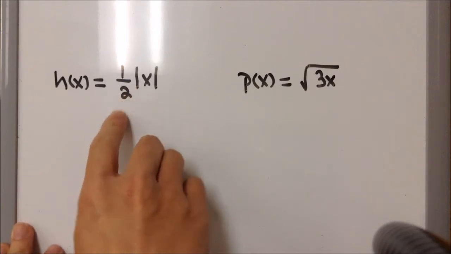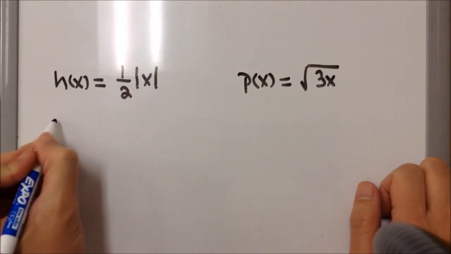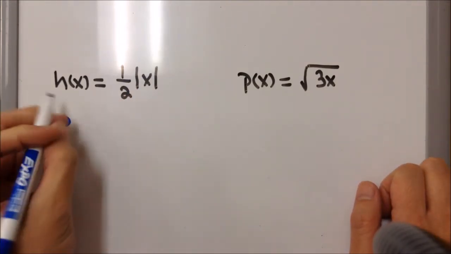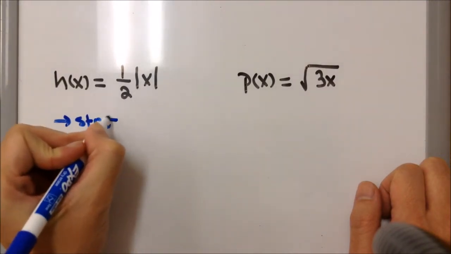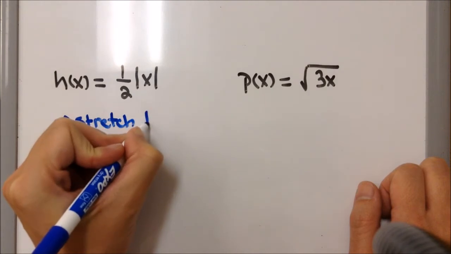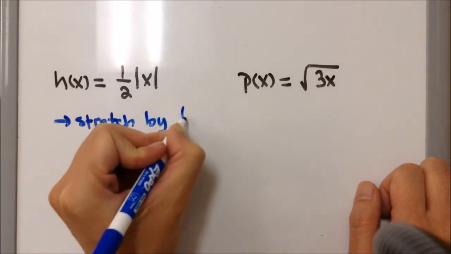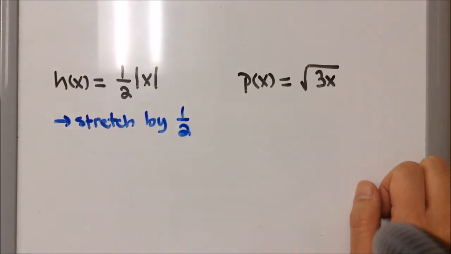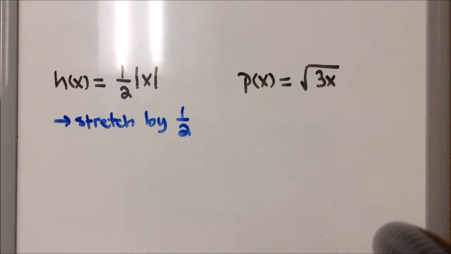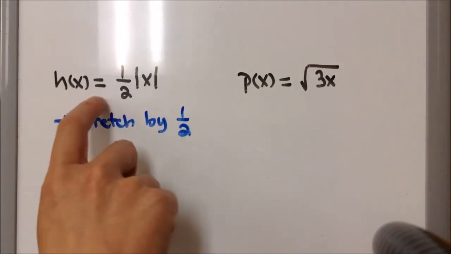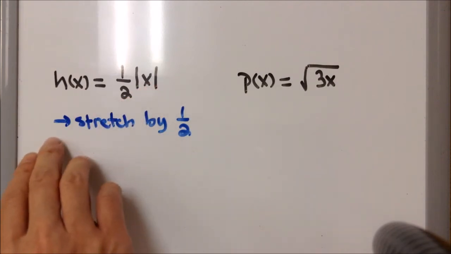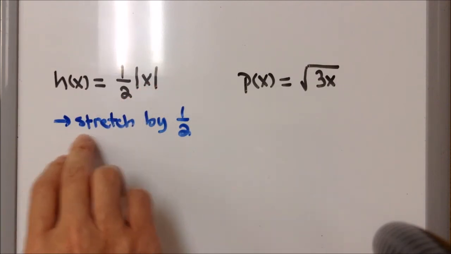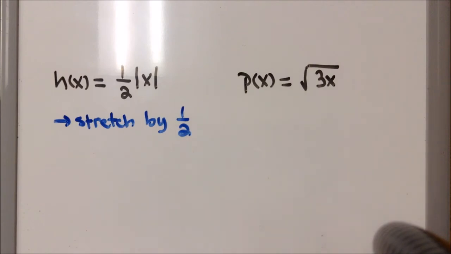Since it's 1/2, the dilation transformation will be stretch by a factor of 1/2. So again, for this function, h of x equals 1/2 times the absolute value of x, the transformation was stretch by 1/2.